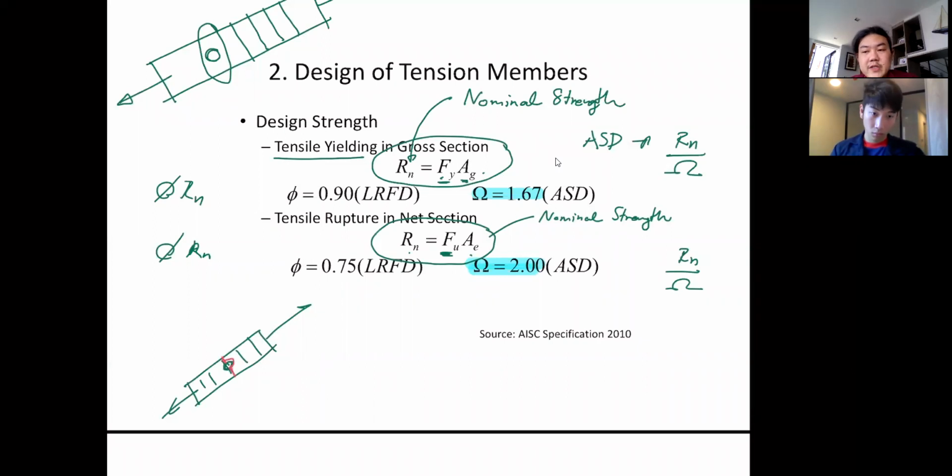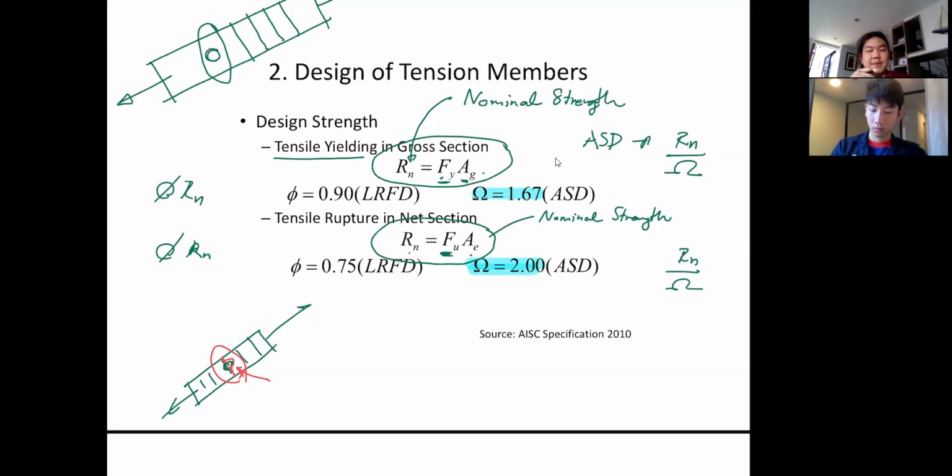Now I got a very good question from your friends via email, wondering if yielding was possible at the net section. No, it's not going to be possible, because just look at the nature of things. When you punch a hole, the area is reduced.